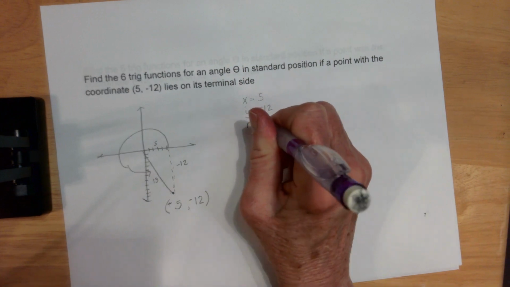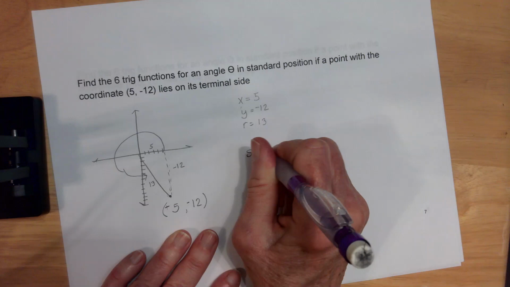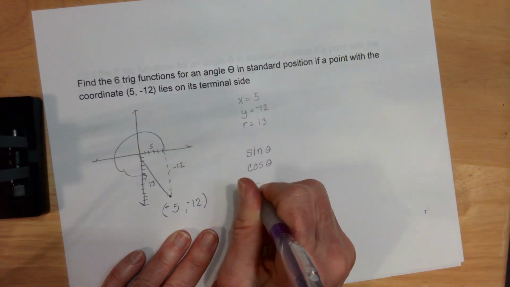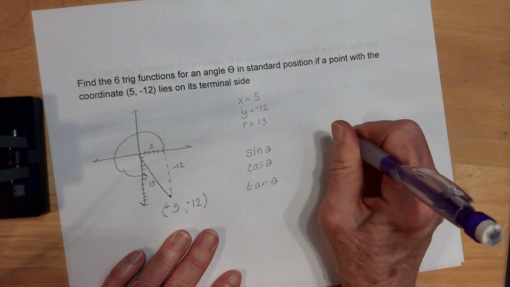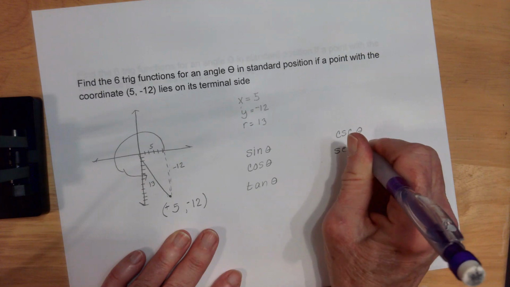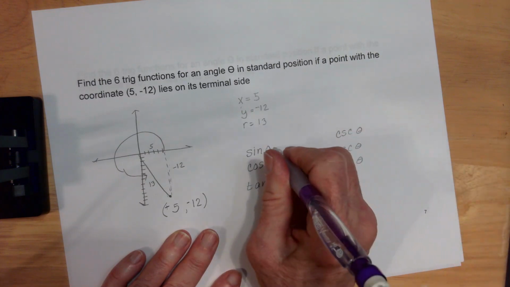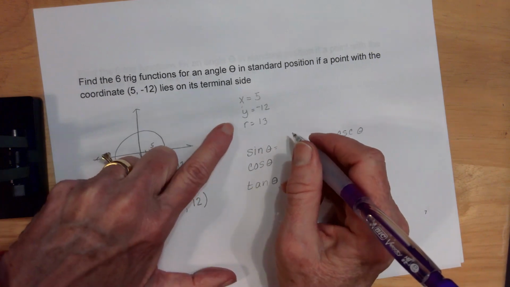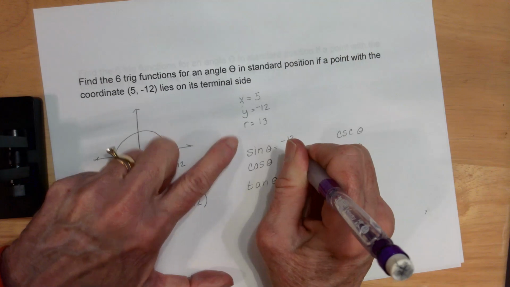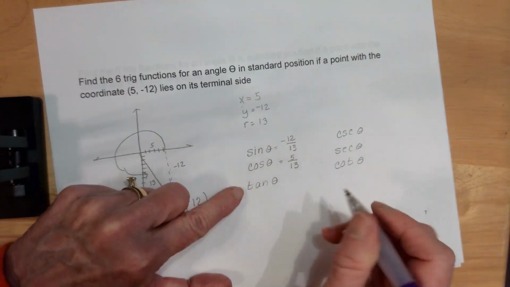So now I have all the information I need to find the sine of theta, the cosine of theta, the tangent of theta, the cosecant of theta, the secant of theta, and the cotangent of theta. So remember, sine is y over r, so negative 12 over 13. Cosine is x over r, so 5 over 13.